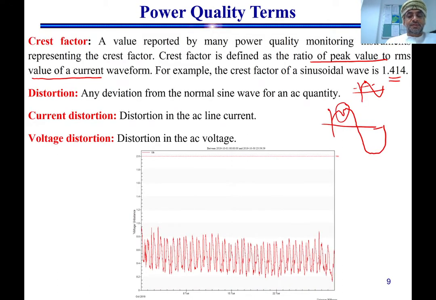Okay, of course this one shows also what we call voltage imbalance. Okay, so the voltages of different phases are not identical, so we call it voltage imbalance, and this is the measured result in a distribution system in Oman.